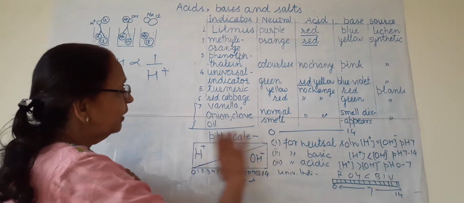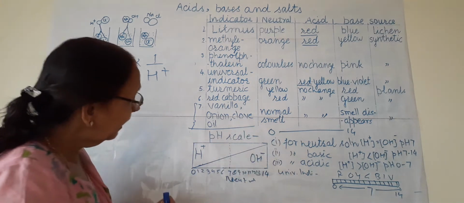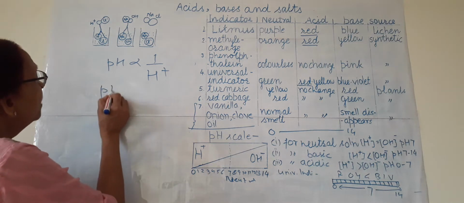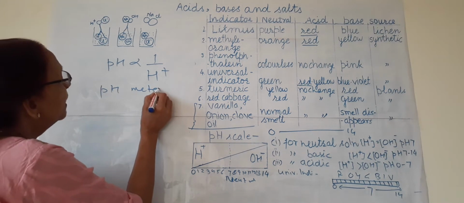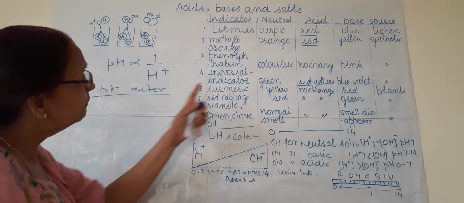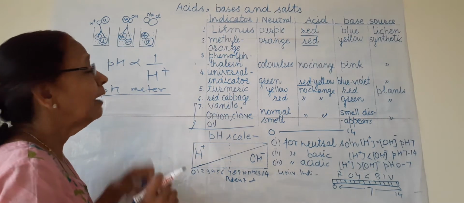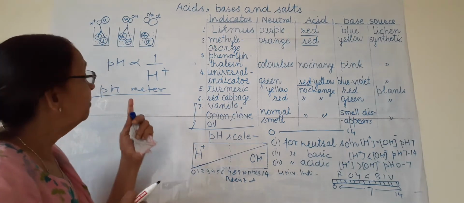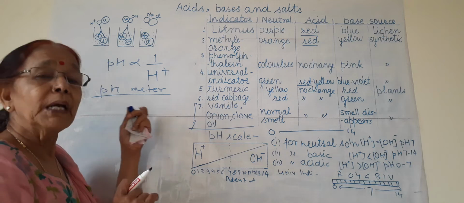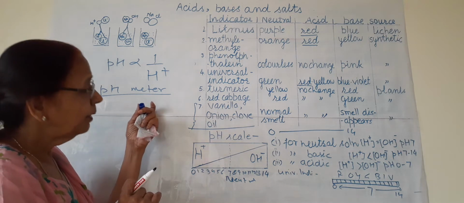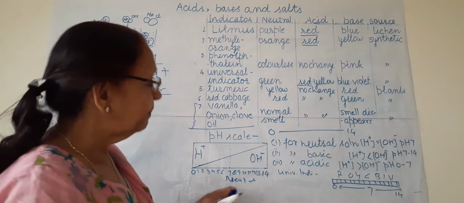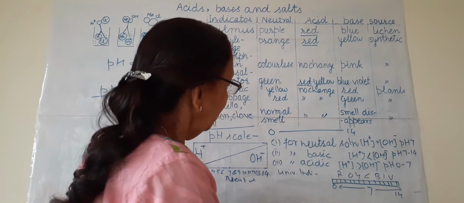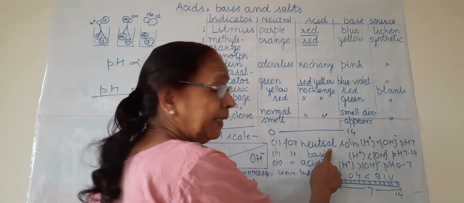This is the pH scale, and pH can be accurately calculated by a meter known as a pH meter. But by universal indicator also we can have an approximate idea of the pH of a compound. Accurately we can measure only with a pH meter.